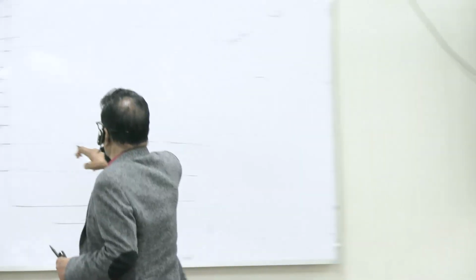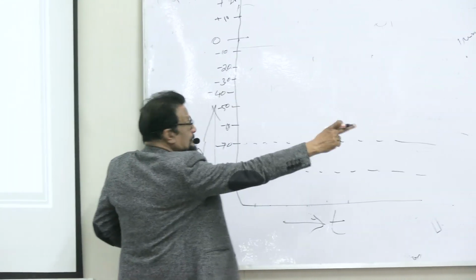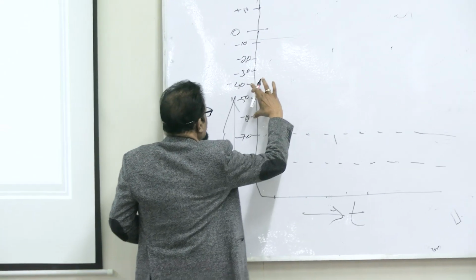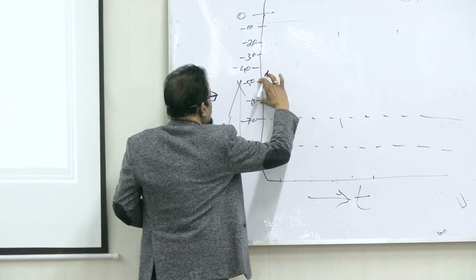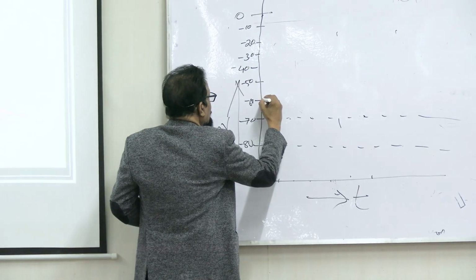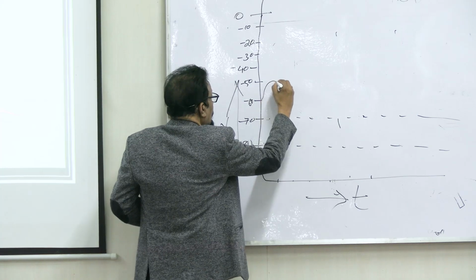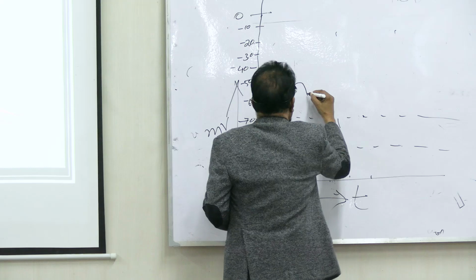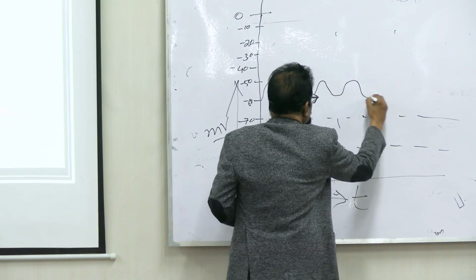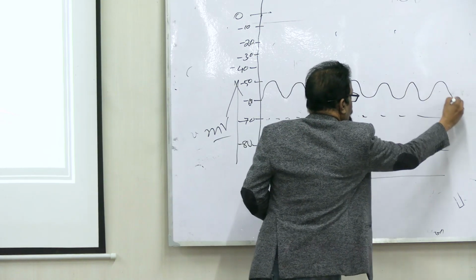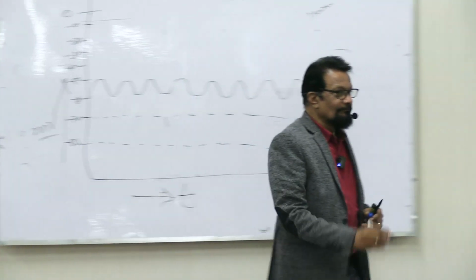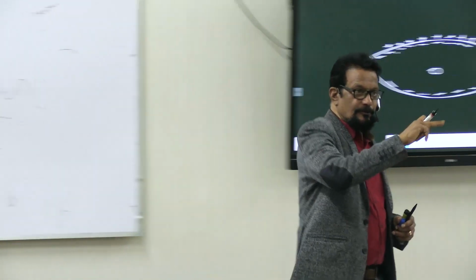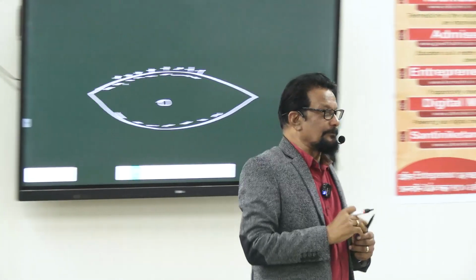The resting membrane potential in smooth muscle will fluctuate between these levels. Resting membrane potential will fluctuate like this. As time goes, it will show this fluctuating resting membrane potential.